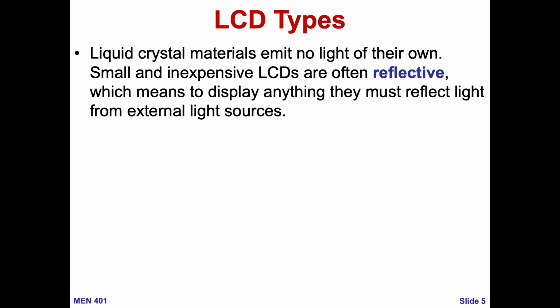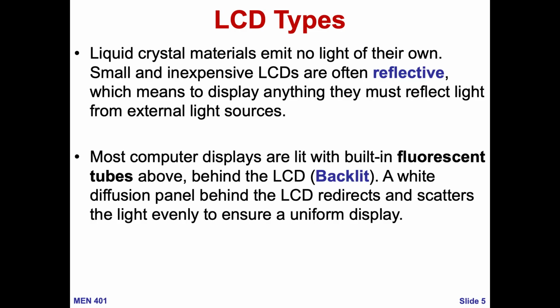This is why most LCDs are built with fluorescent tubes behind the LCD, what we call a backlit LCD. In this way, I ensure a more uniform display even with different light conditions in the outside environment.